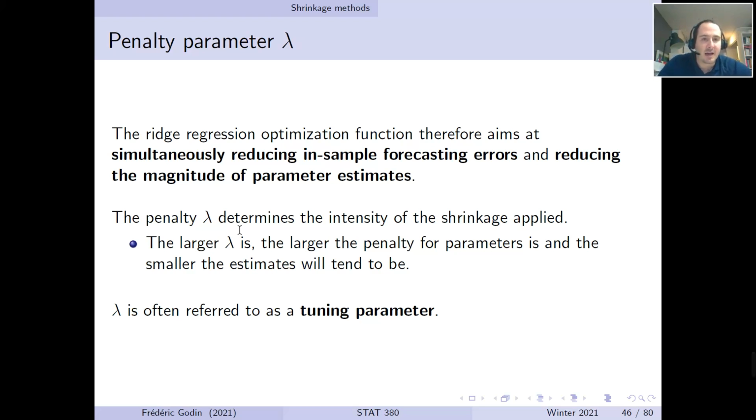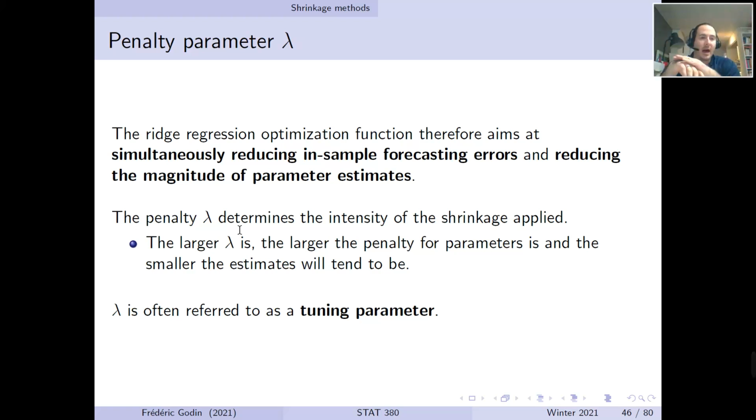So for low values of lambda, you have very little shrinkage. Conversely, if you have large values of lambda, then the penalty term will be much more important than the accuracy term. This will favor very small parameters at all costs, even if predictions aren't very accurate. And in between, of course, it's a spectrum.